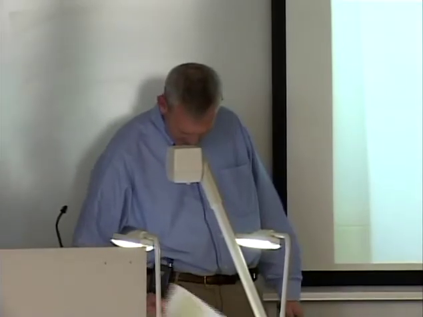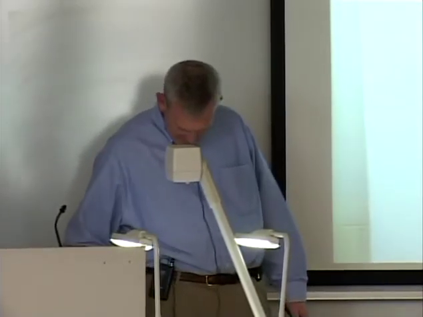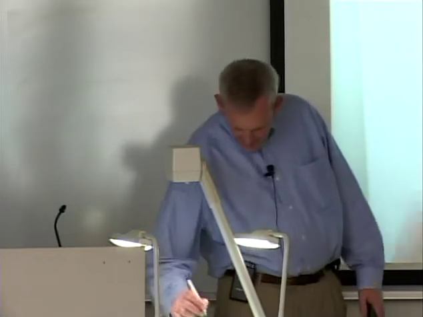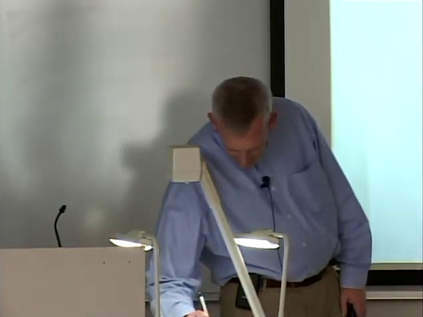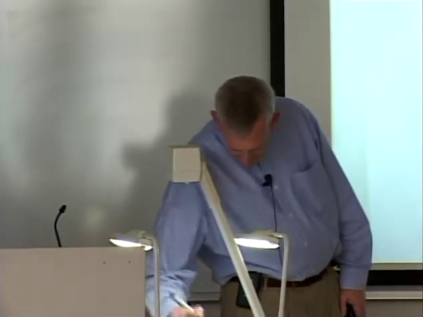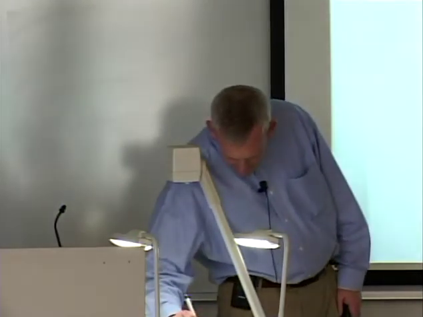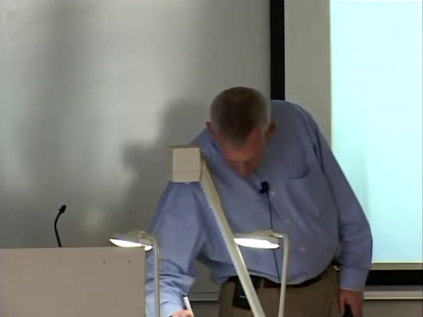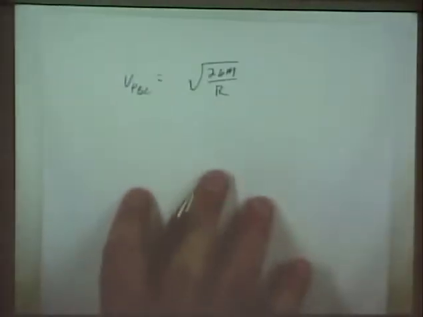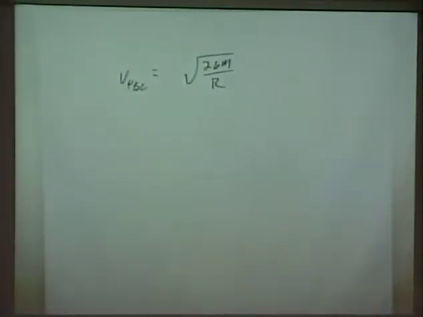So the escape velocity, like to get away from the Earth, and I wish we'd gone over this a little bit more, or to get away from the sun. There you go, that's number 7, the last question.